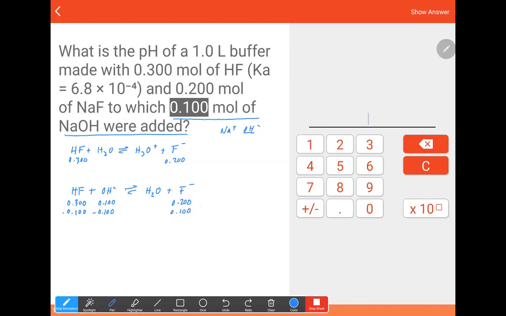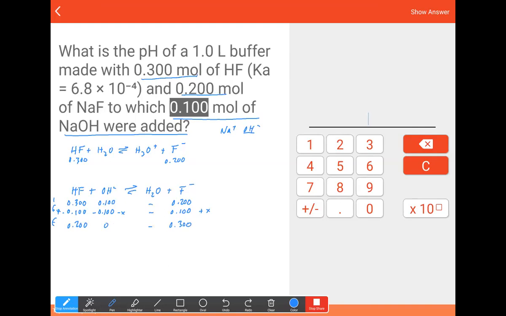So this is kind of like X. We could have written minus X, minus X, plus X, and we just know our X, which is 0.100. So this is our ice table. Water we don't care about because it's pure. So we started out with 0.3 and 0.2, and now we're down to 0.2 of HF and 0.3 of F minus.